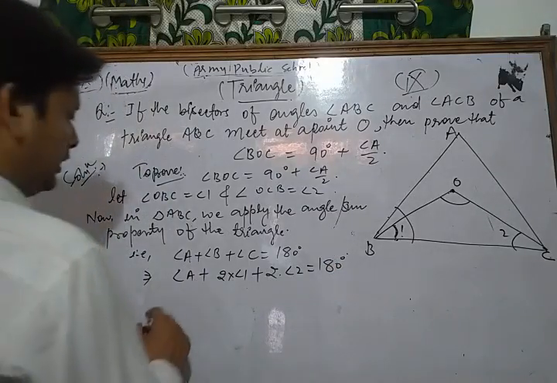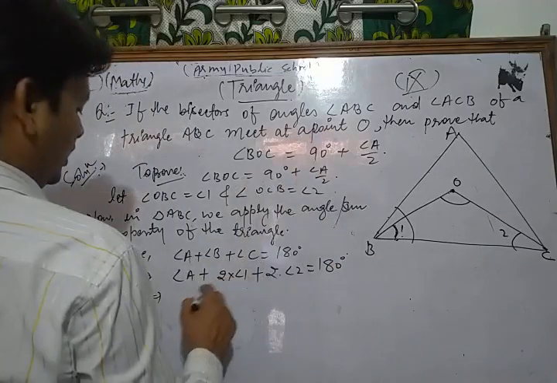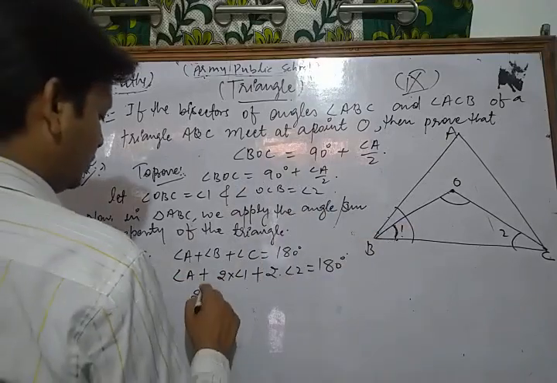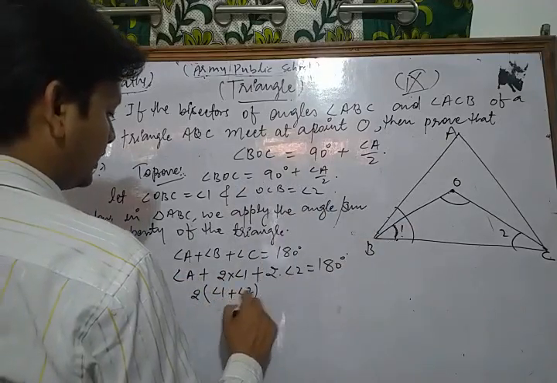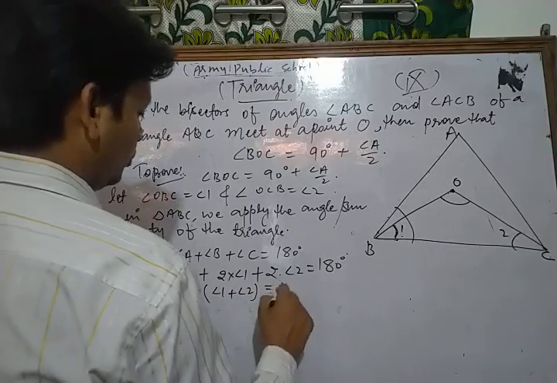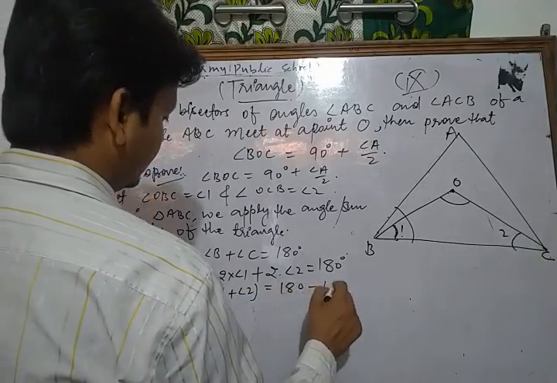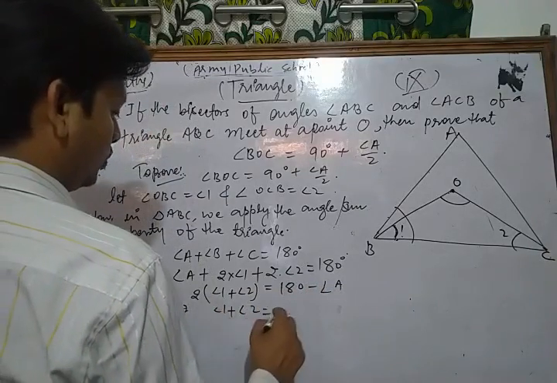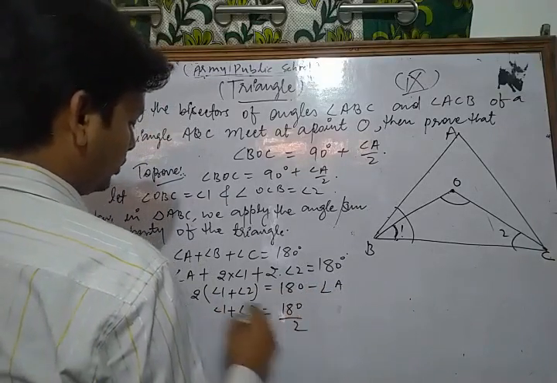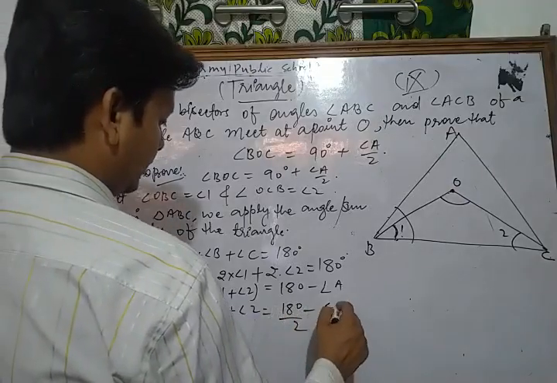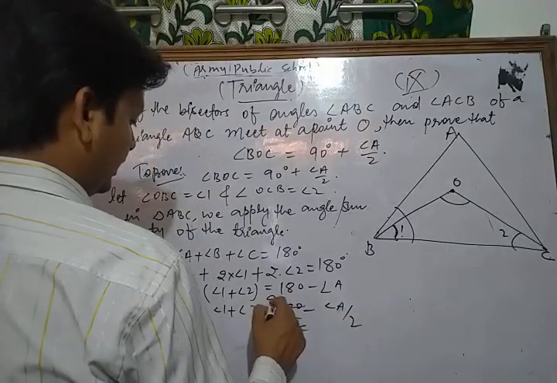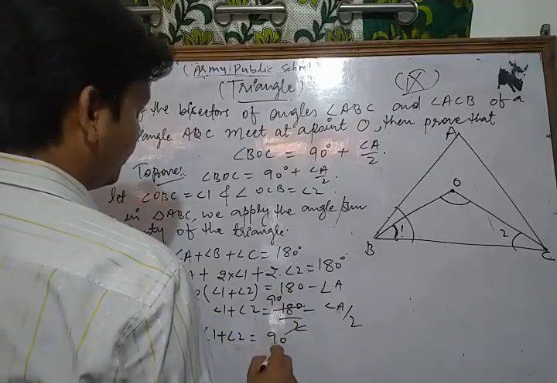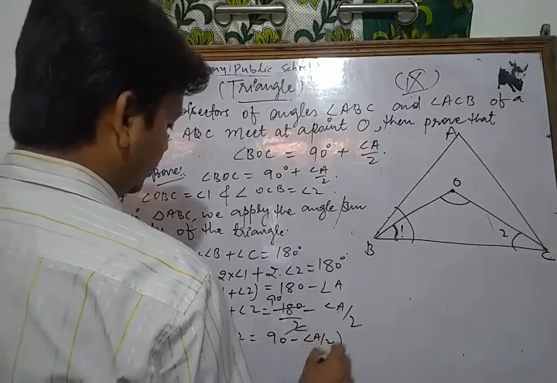Now from there, first of all, we find the value of angle 1 plus angle 2. We take 2 common and transfer angle A to the other side. So 2 times (angle 1 plus angle 2) is equal to 180 minus angle A. So the sum of angle 1 and angle 2 is equal to 180 upon 2 minus angle A by 2, that is, 90 minus angle A by 2.